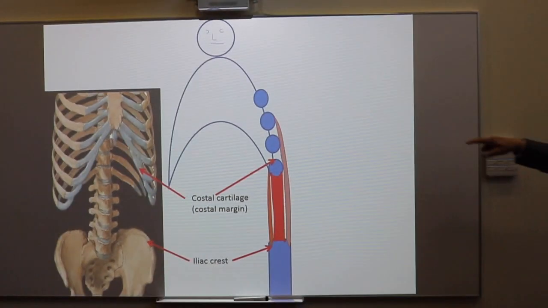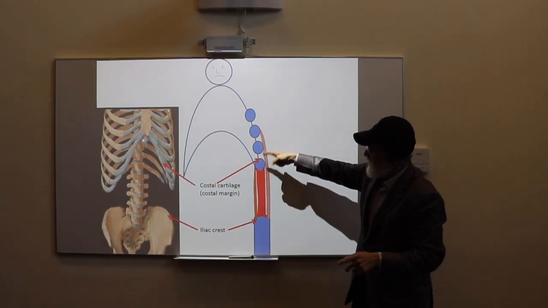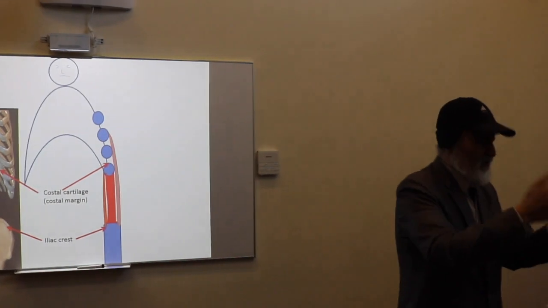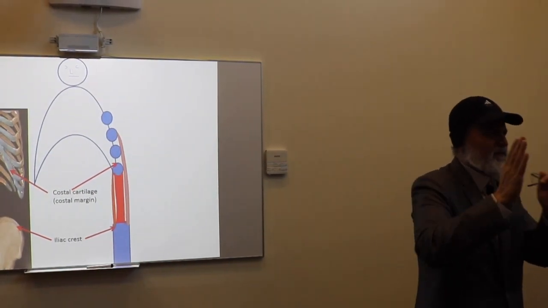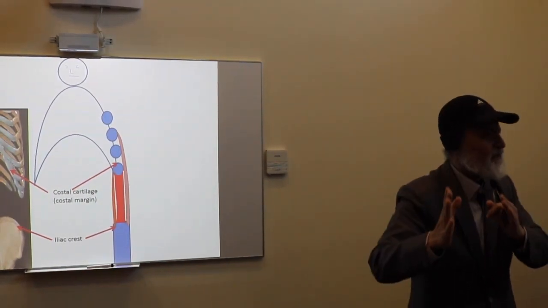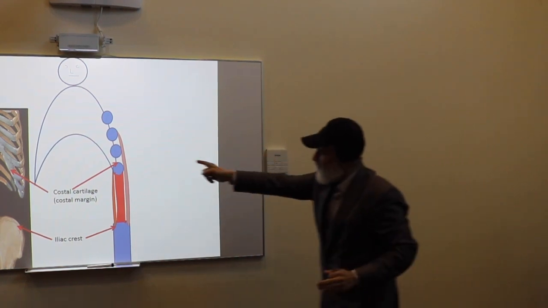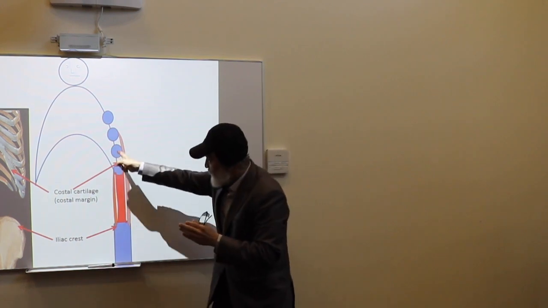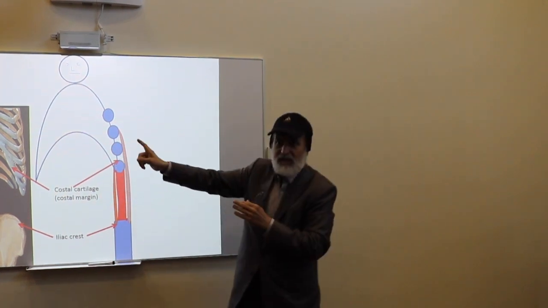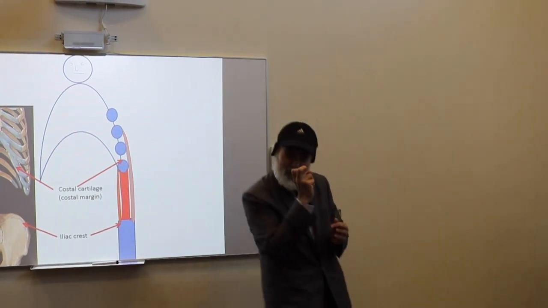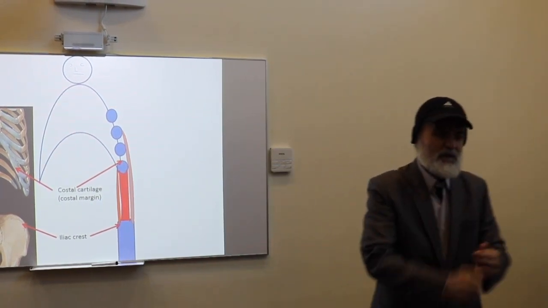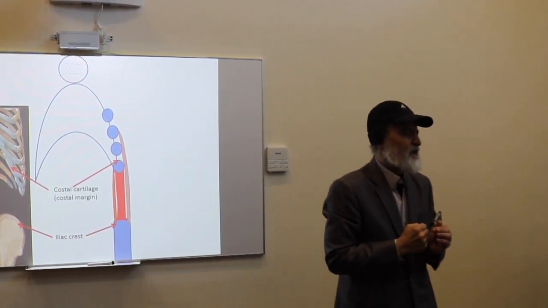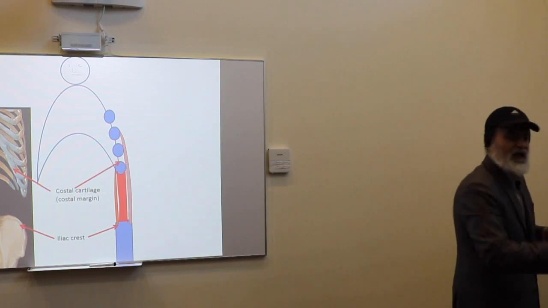In the chest wall, between these ribs, there are muscles called intercostals: innermost, internal, and external. The three of them, one, two, three, plus the ribs, correspond to one muscle called internal oblique in the abdomen.